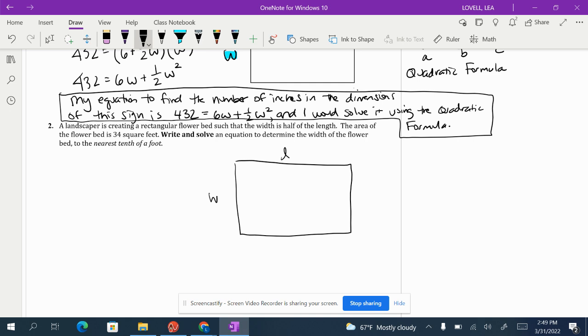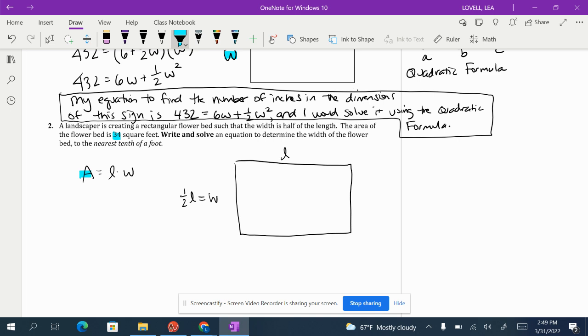And then they talk about the area. So let's put down the formula for area of a rectangle, which is length times width. And let's see if they give us any of these dimensions here. They say the width is half of the length. So the width is equal to 1/2 of the length. Okay. And that the area is 34 square feet.